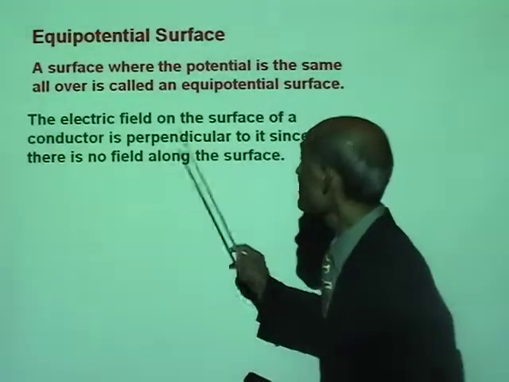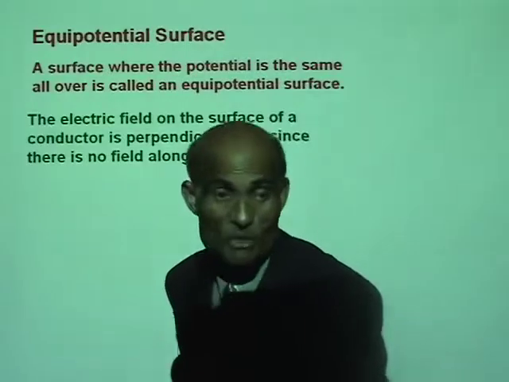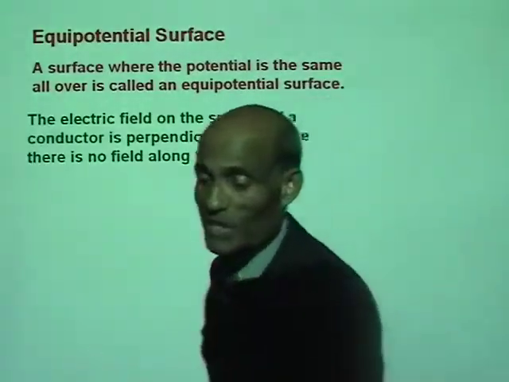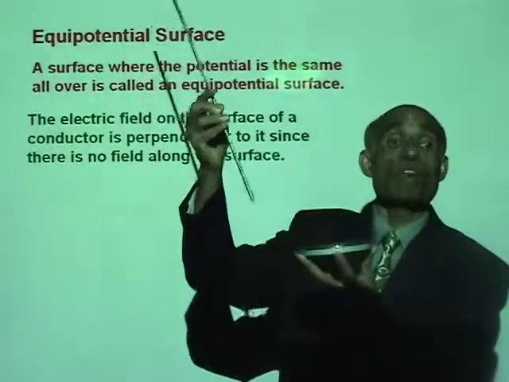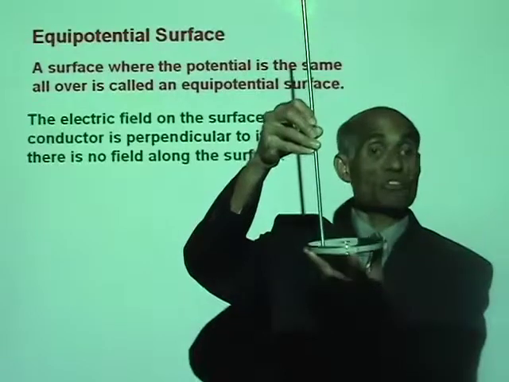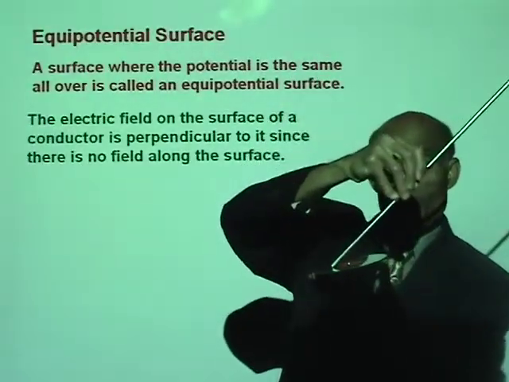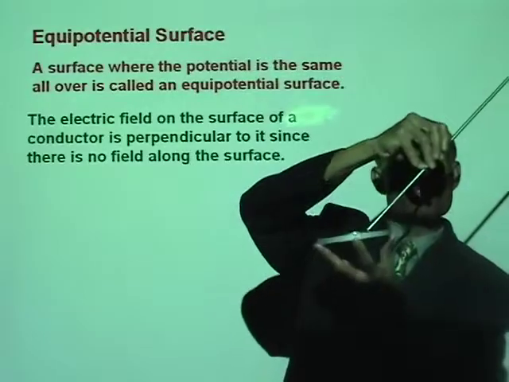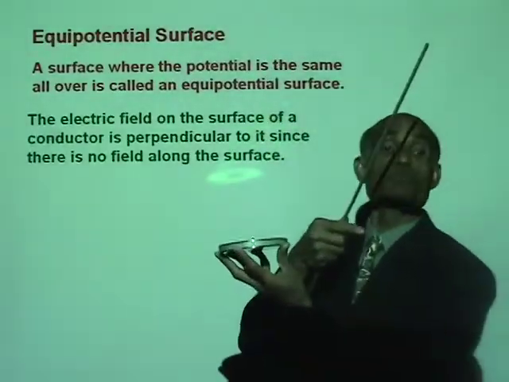Now, the electric field on the surface of a conductor. Remember, we talked about it. If you have a conductor, the electric field at any point on that conductor has to be at right angles. We discussed that in the last class. If there is a component of the field along the surface, that field will make the electric charges move.